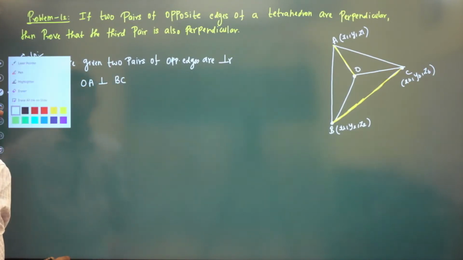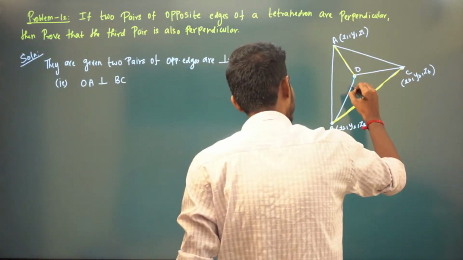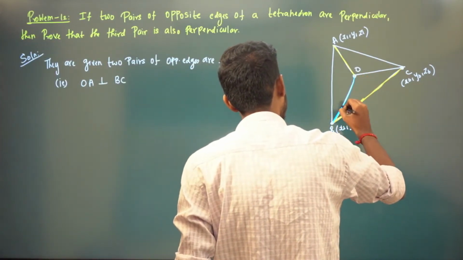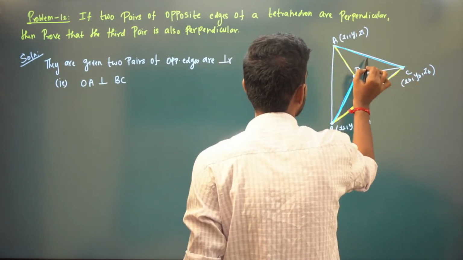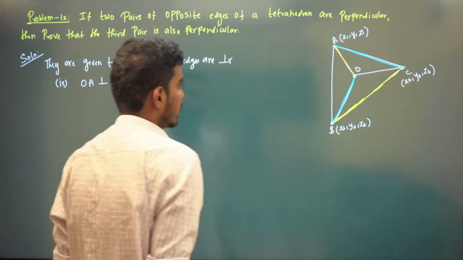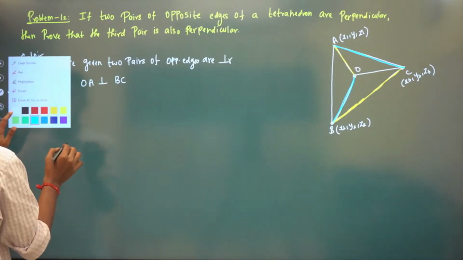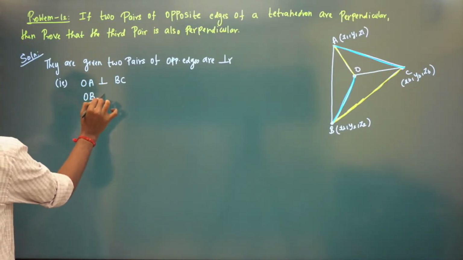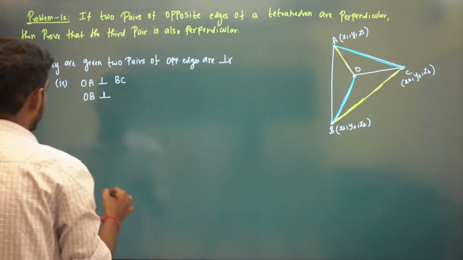And what about the second pair? The second pair is OB perpendicular to AC.